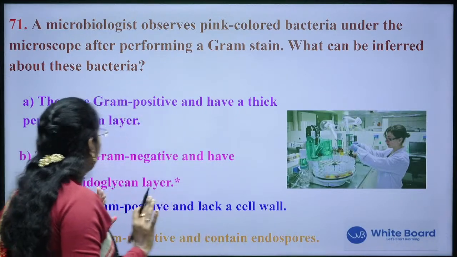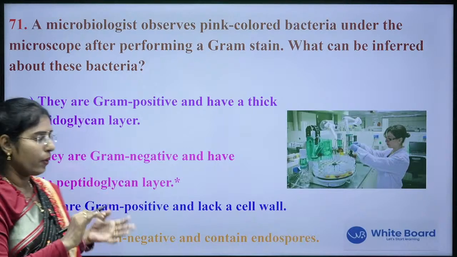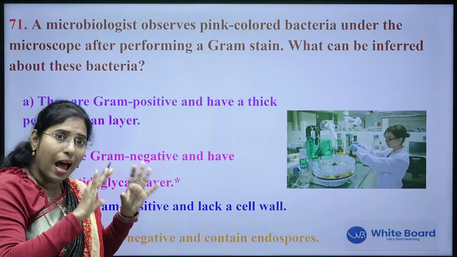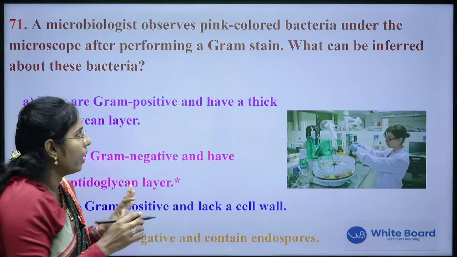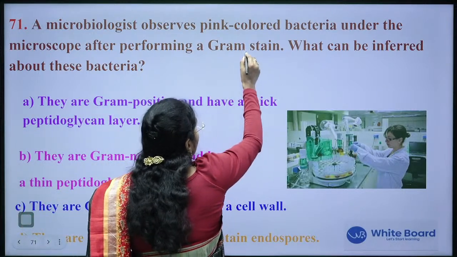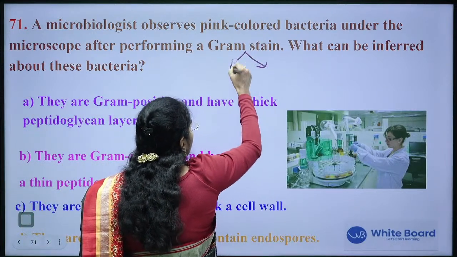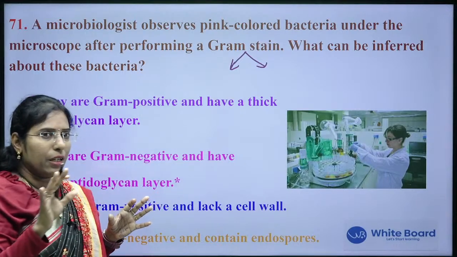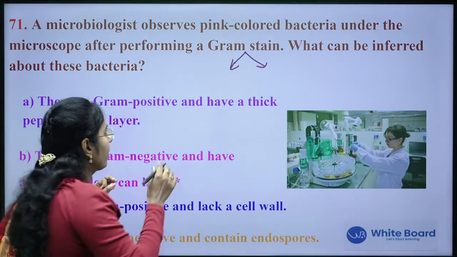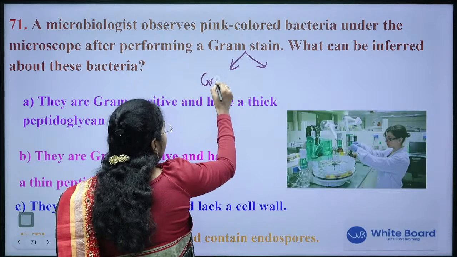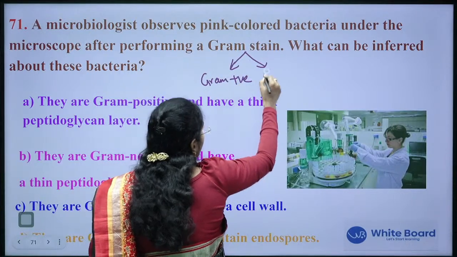Okay, right. Just now I told you, gram staining is of two types. Generally bacteria will be of two types: gram positive bacteria and gram negative bacteria.